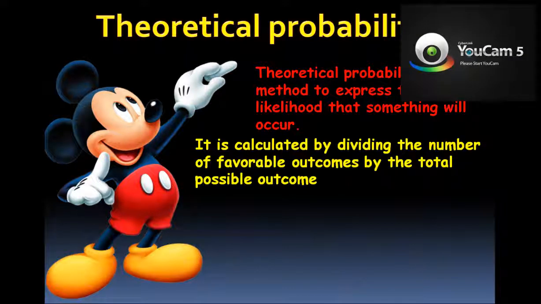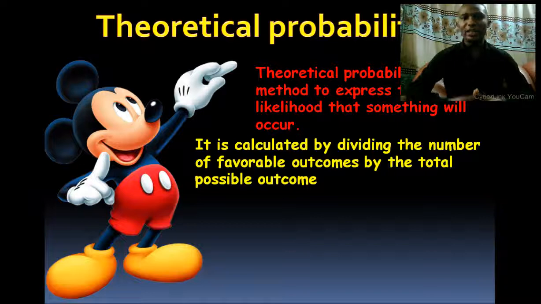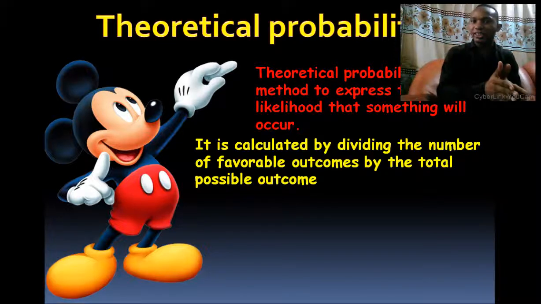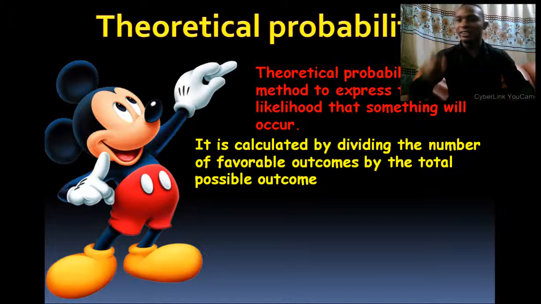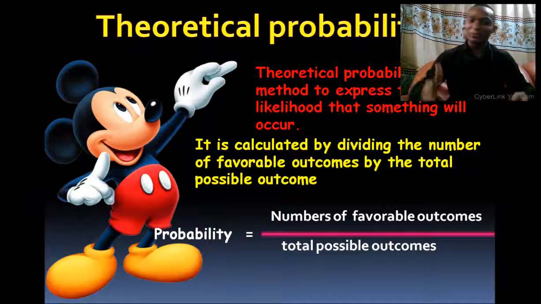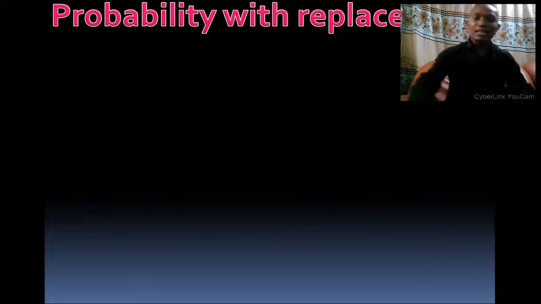It is calculated by dividing the number of favorable outcomes by the total possible outcomes. Then we have theoretical probability is equal to the number of favorable outcomes divided by the total possible outcomes.